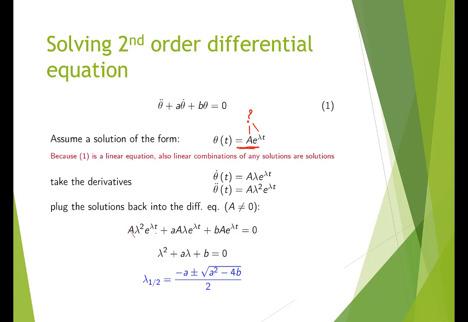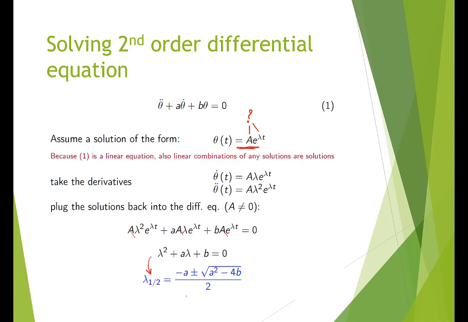A is a constant, doesn't matter. We get this equation for lambda. If this wants to be 0, lambda squared plus A times lambda plus B should be 0. And the solution for lambda is given by this equation. So if we wanted to find the solution of the second order differential equation, all we have to do is calculate the lambdas and put them back in the exponential term for theta. That would be our solution.